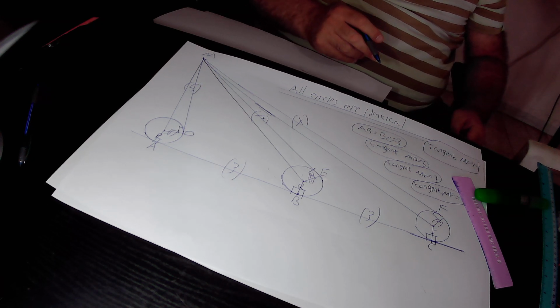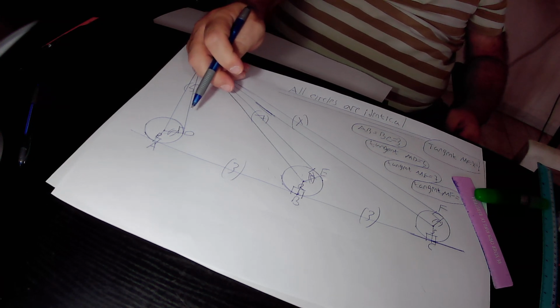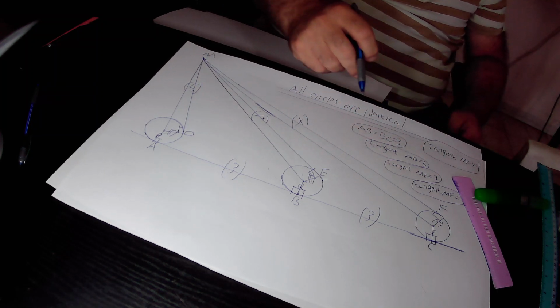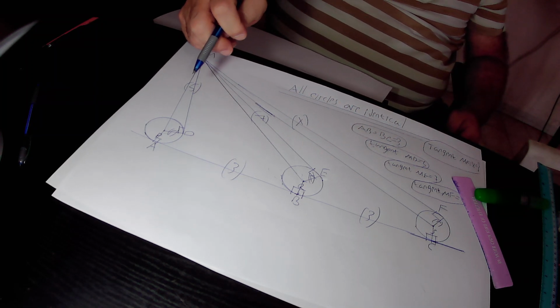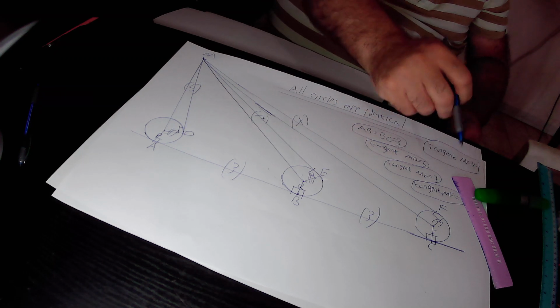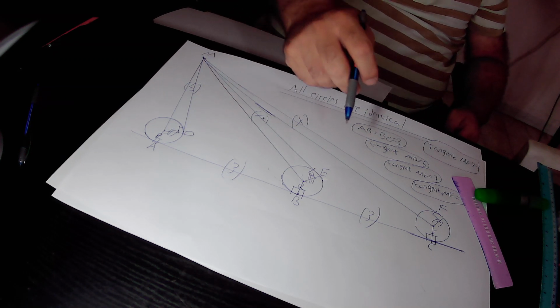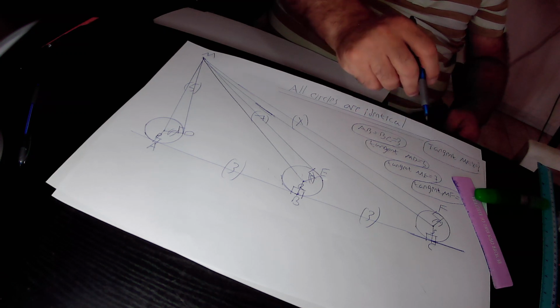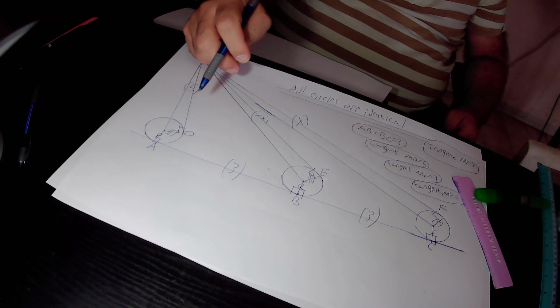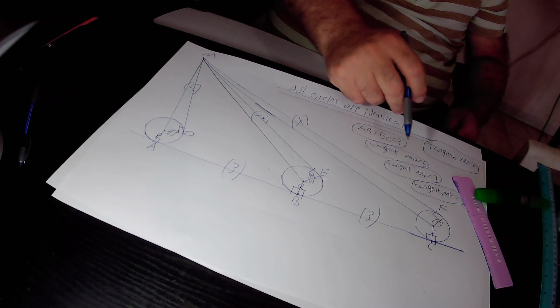So the 3 points P, Q, and S are located at the same distance from the straight line ABC, and therefore the 3 points P, Q, and S must be located on the same straight line.